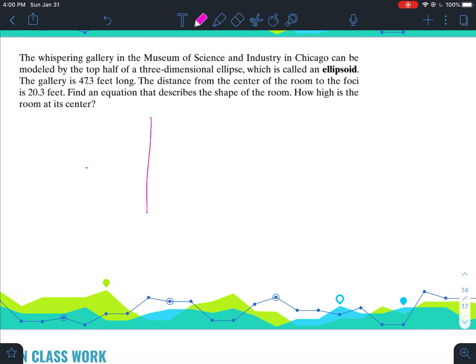All right, so if we put this on a coordinate plane, and let's just call the center at (0, 0), and it's a half ellipse, so we're just going to draw the top half. And it said that the gallery is 47.3 feet long, so all the way across is 47.3 feet. And the distance from the center of the room to a foci is going to be 20.3 feet.